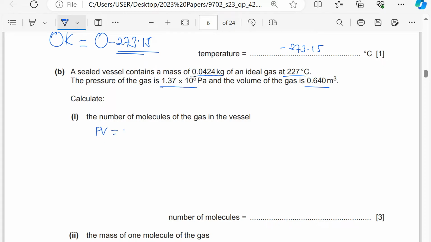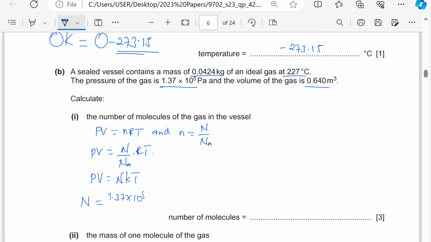So PV is equal to nRT. And remember, the number of moles is equal to the number of molecules divided by Avogadro's number. So when I substitute, PV is going to be equal to N over NA times RT, but R over NA is k. So PV is equal to NkT. So the number of molecules is going to be PV divided by kT, where P is the pressure, 1.37 times 10 to the power of 5.